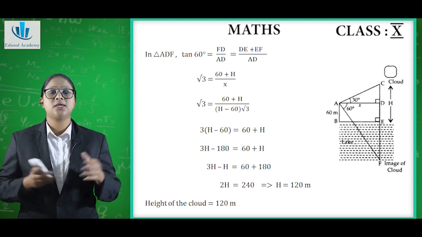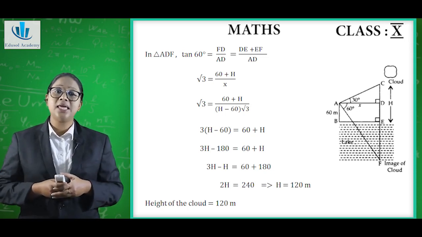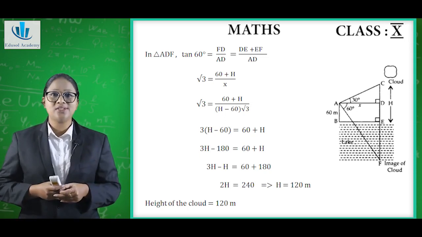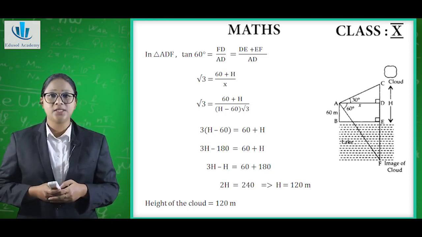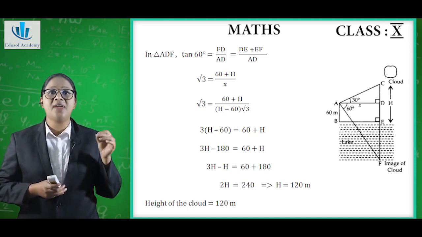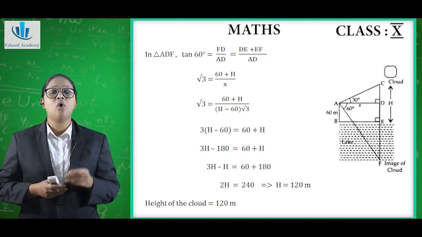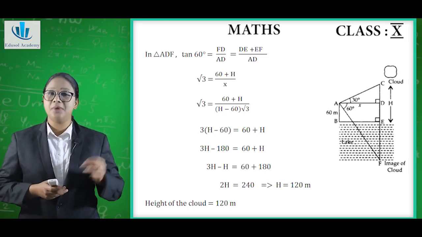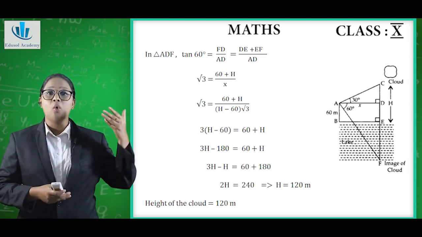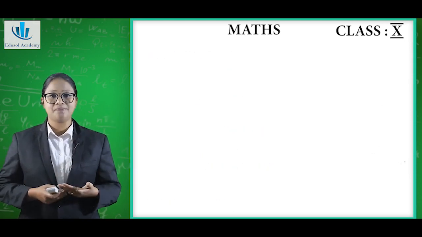FD can be split into DE plus EF in the big triangle. So root 3 is equal to 60 plus h by x. Upon substituting for the value of x, we will get the value of h as 120 meter, which means the cloud is 120 meter above from the surface of water.